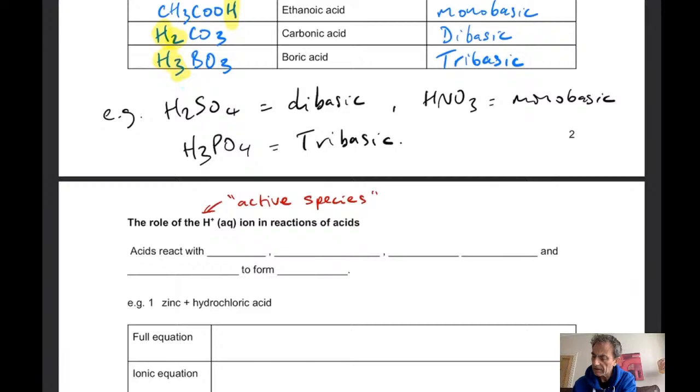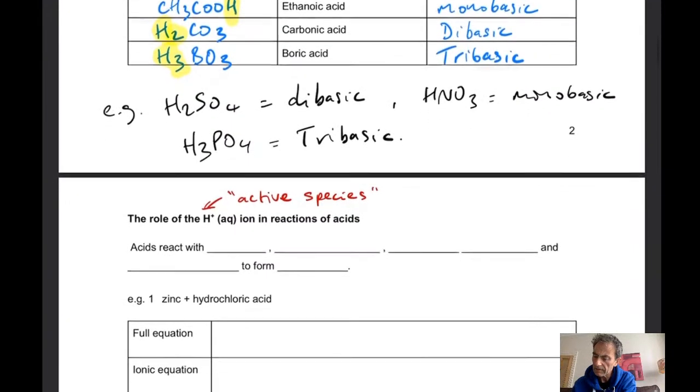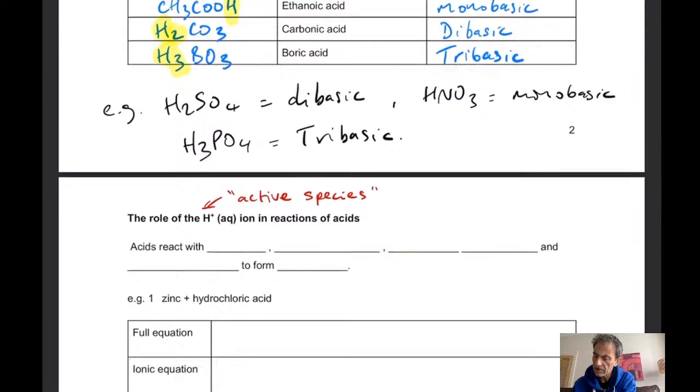If you react carbonic acid with sodium hydroxide, you would need 2 moles of sodium hydroxide because of the 2 replaceable H plus ions. Do we need to know diprotic and monoprotic acids? Yes, you do. Well, for OCR you do, definitely.